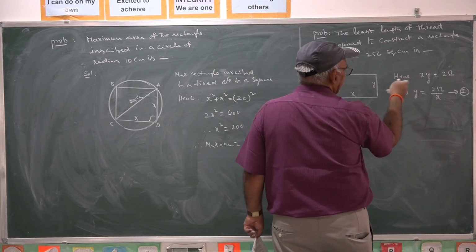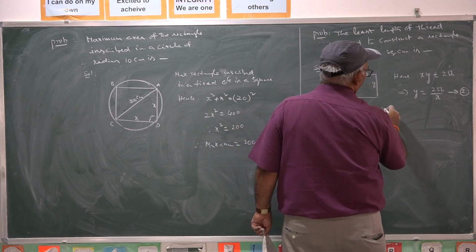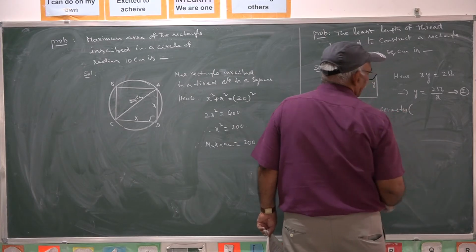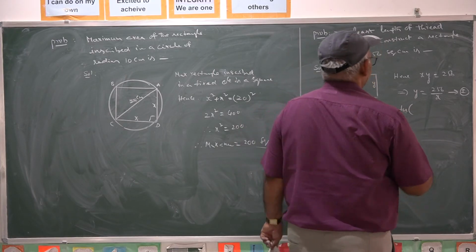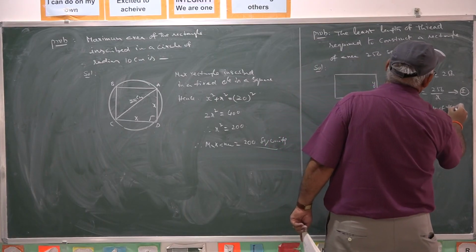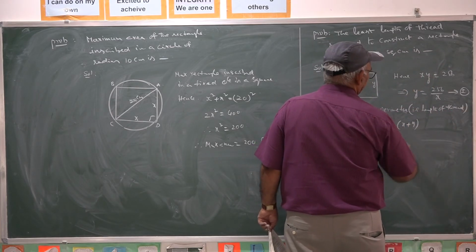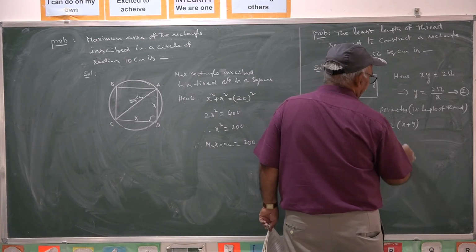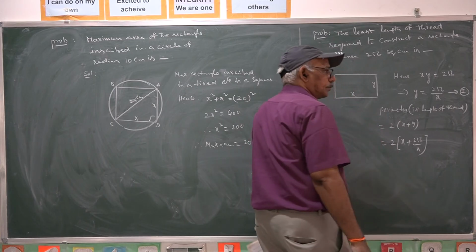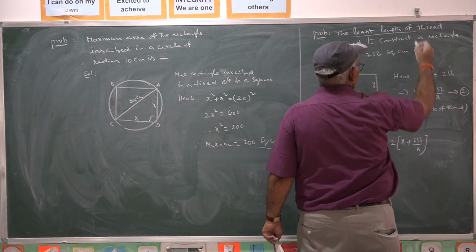With the help of this condition 1, you have to minimize the perimeter, the length of thread. Length of thread is twice of x plus y, which is 2 into x plus 256 by x. This should be minimized, least length.